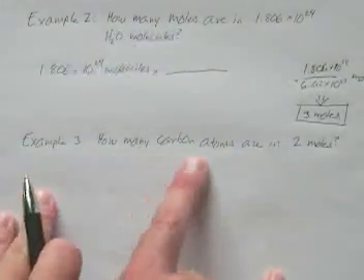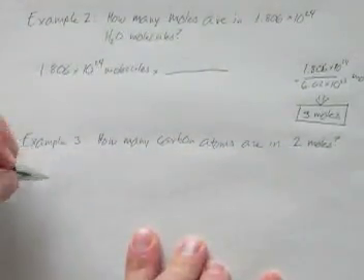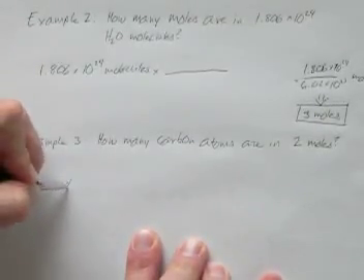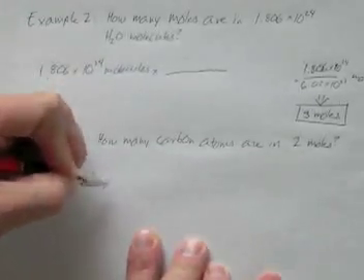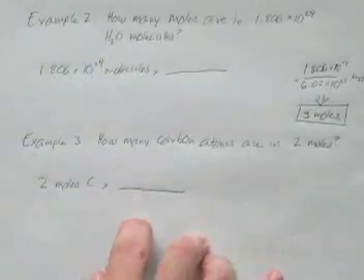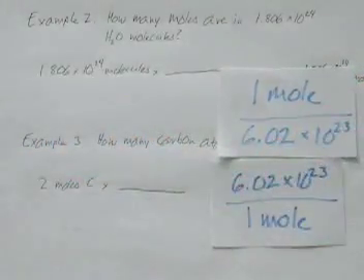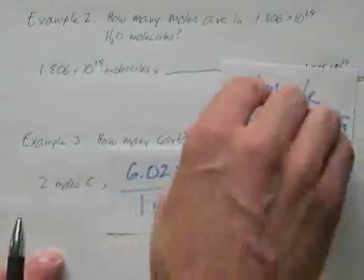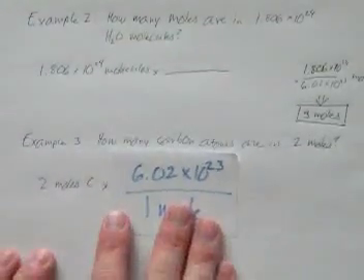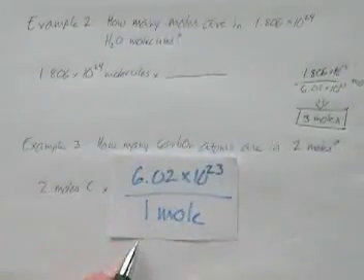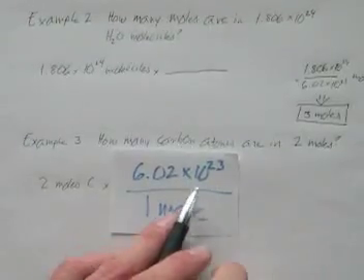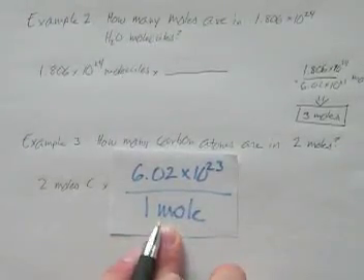And finally, how many carbon atoms are in 2 moles? Again, I start the problem out the same way I did the last two. 2 moles of carbon times some conversion factor. Well, which conversion factor am I going to use in this case? I hope you pick this one. Because remember, I want my moles to cancel. There are 6.02 times 10 to the 23rd representative particles in every mole of carbon.